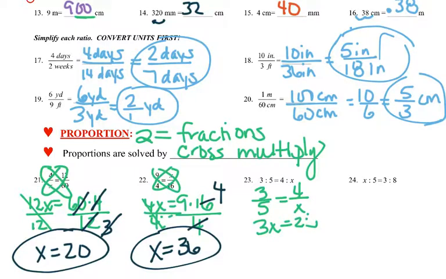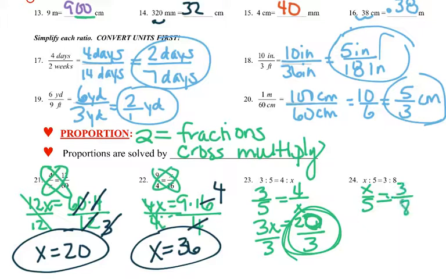When I cross multiply, I get 3x equals 20, and divide by 3, and I could just leave my answer like that, 20 over 3. It doesn't always come out even. Last one, x over 5 equals 3 over 8. I don't think this one's going to come out even either. 8x equals 15, and my final answer there would be 15 over 8.